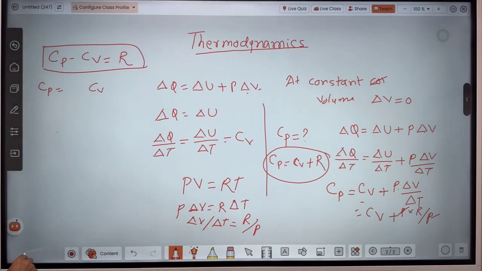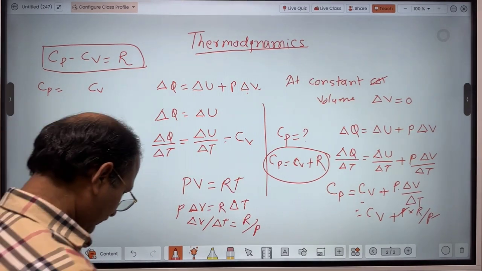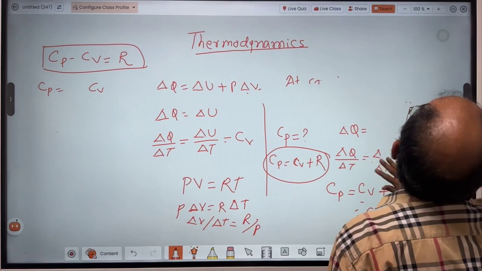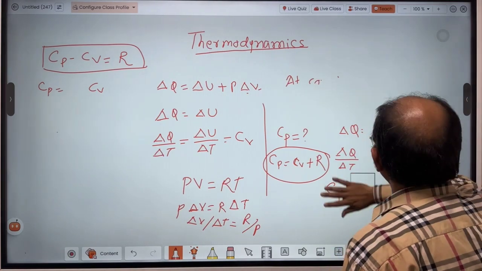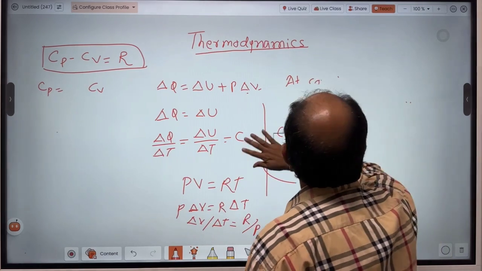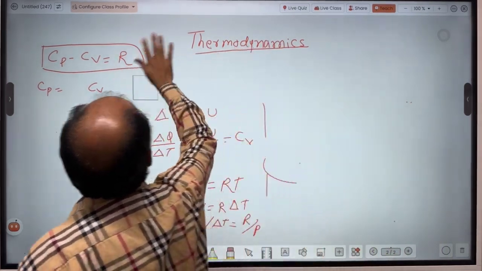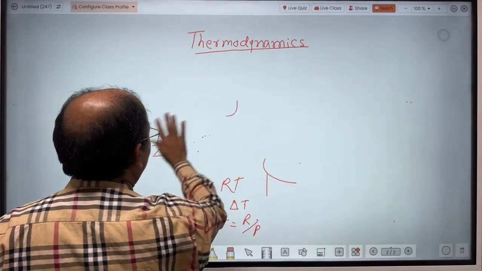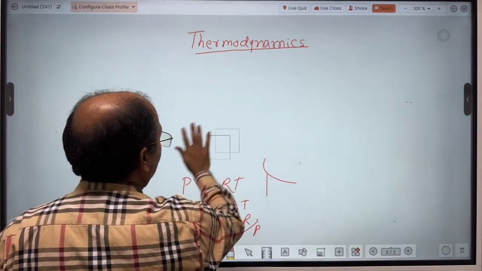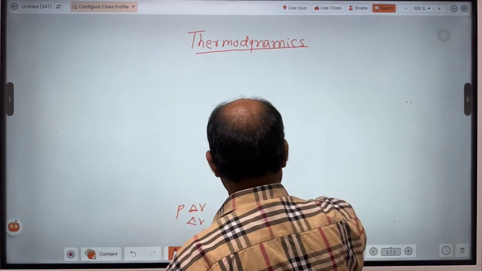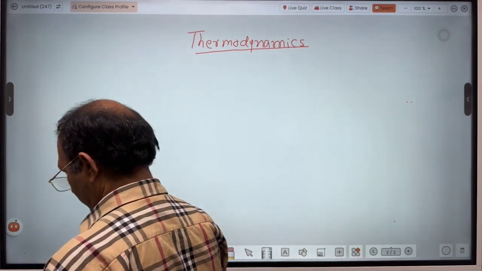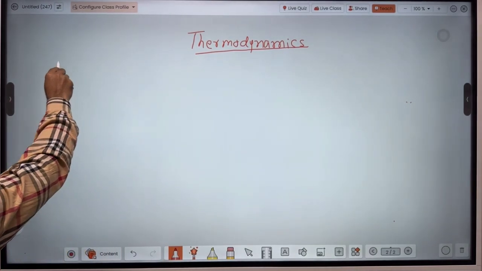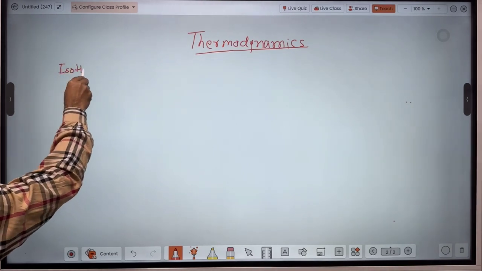Now we are going to see the next point. Next point is isothermal process.